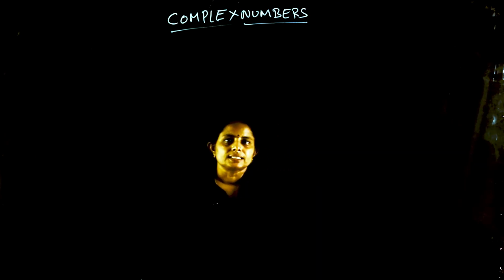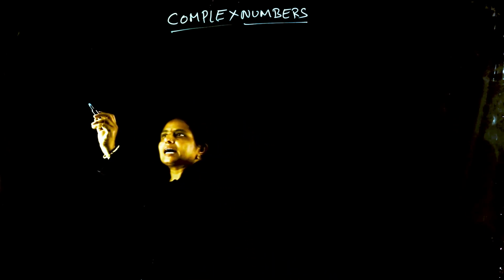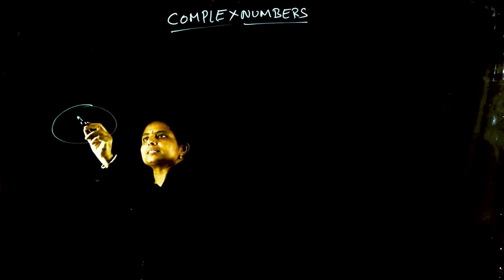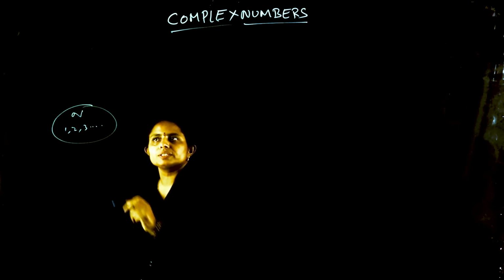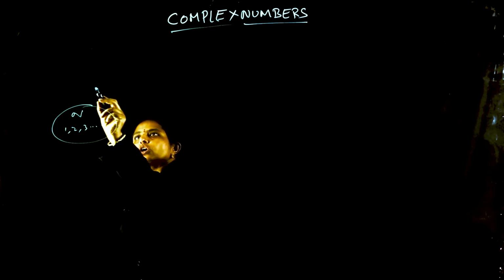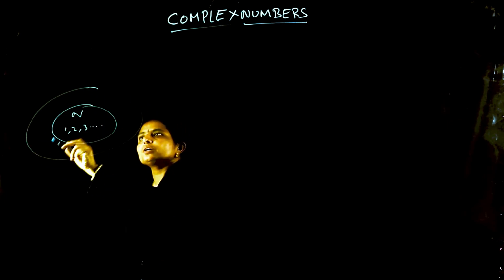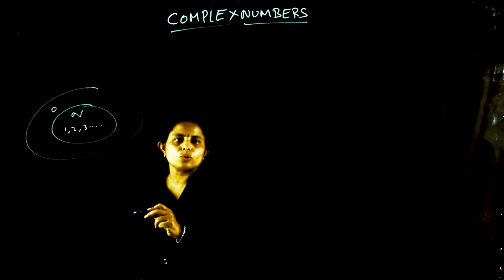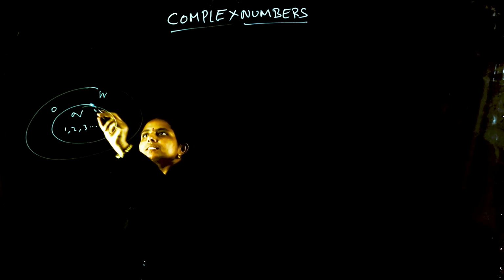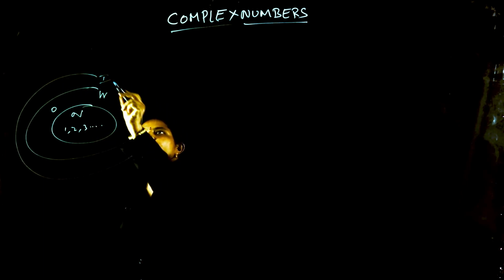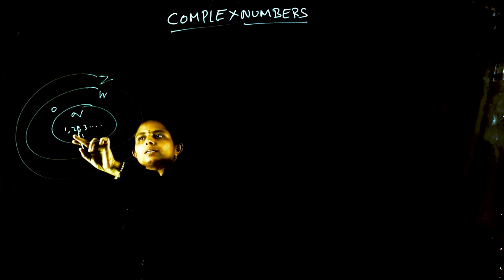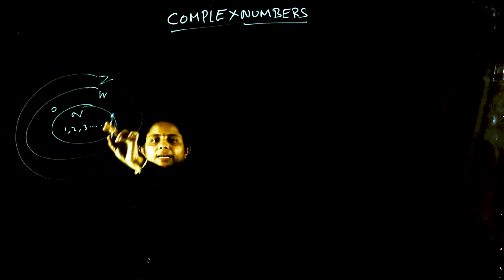Now let us see the pictorial representation of the number system. We know that natural numbers, denoted with N, or counting numbers, are a subset of whole numbers, which include the number 0. These whole numbers are a subset of integers, which include negative numbers. So in whole numbers there is 0, and in natural numbers 1, 2, 3 and so on.